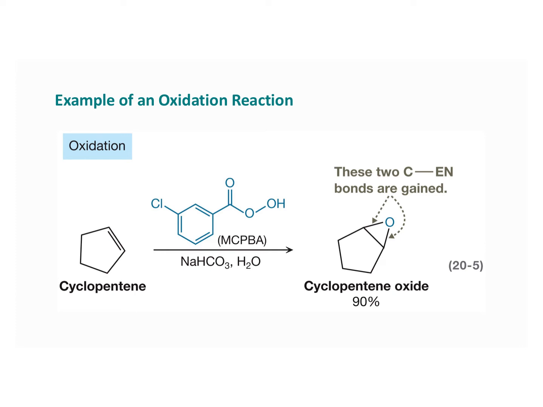So that's just a small thing about how these are classified. Now, we saw this type of reaction in chapter 13, and what we see here is that we have gained 2 carbon-oxygen bonds from this double bond.